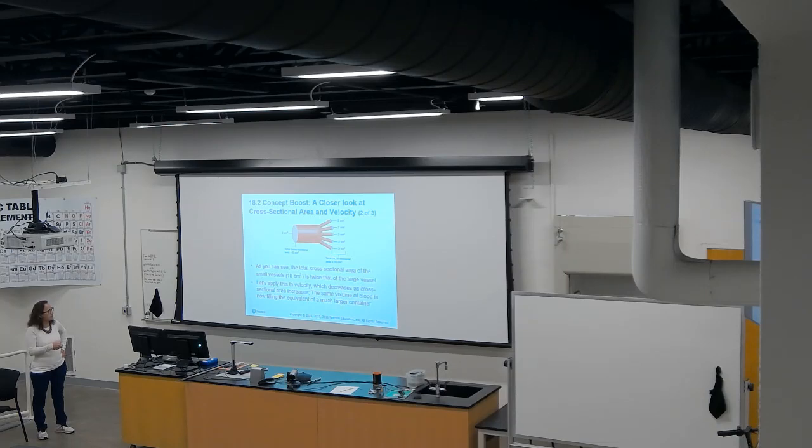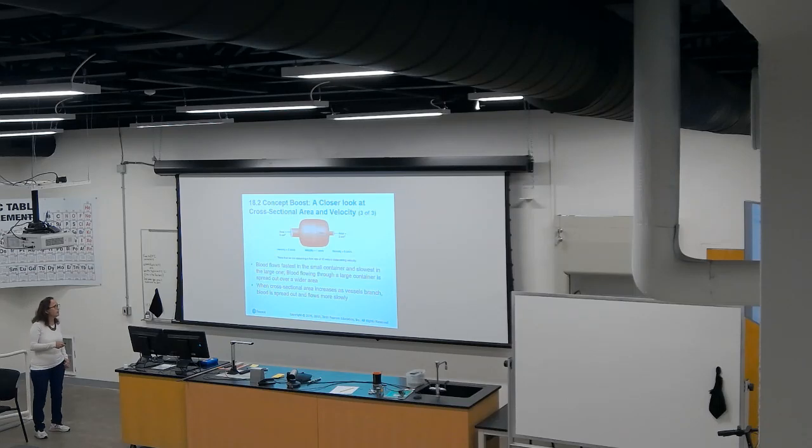This cross-sectional area adds up to 10 square centimeters, twice the original. So the blood flow as a whole will decrease in a cross-sectional area that is larger, although individually, the blood flow in each small vessel will be greater.